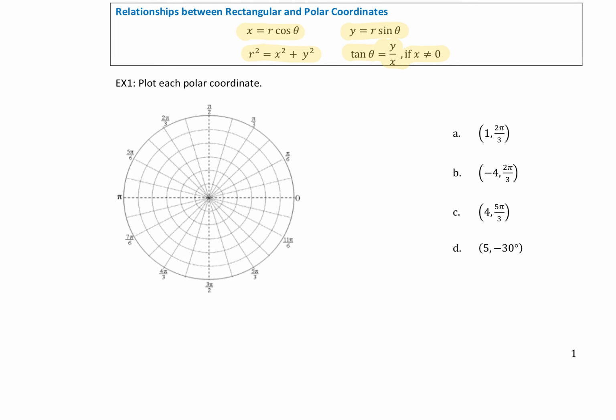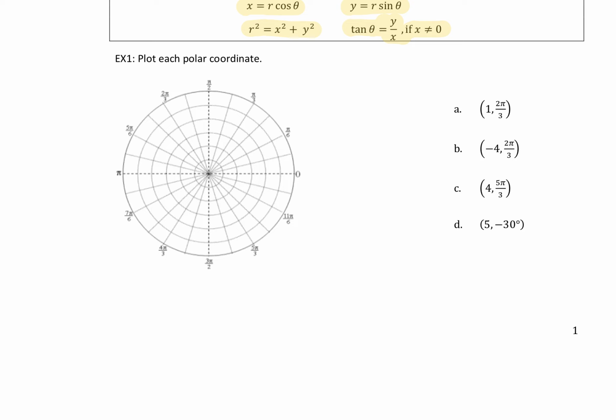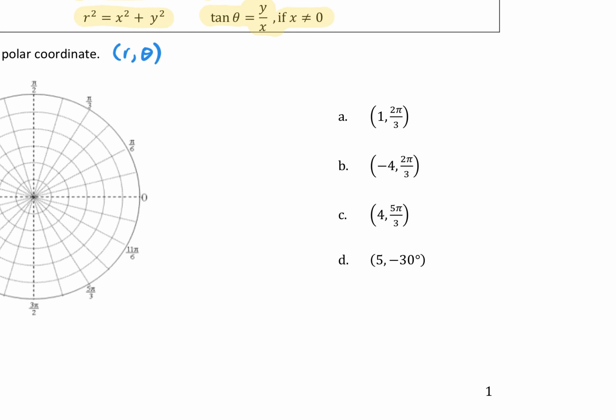So first thing we want to do is practice plotting our polar coordinates. Remember, when we say polar coordinates, we're looking at an r value and a theta. In part A, I want to graph 1 comma 2 pi over 3. So here, the 1 is the r, and the 2 pi over 3 is our theta.